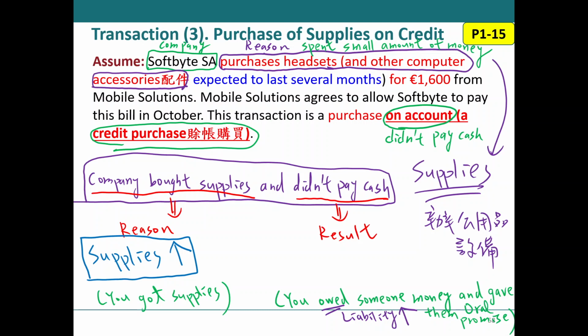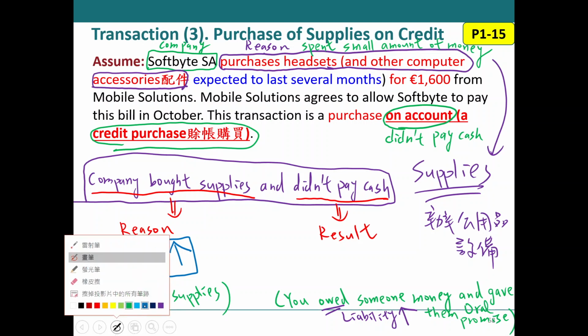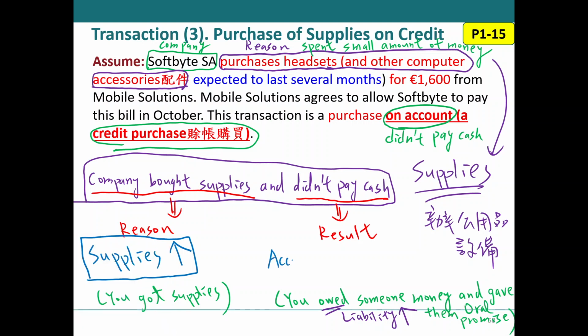Give them an oral promise. Accounts payable. Okay? Okay, that's it. Did you find out? That's how we analyze a transaction. We record it.